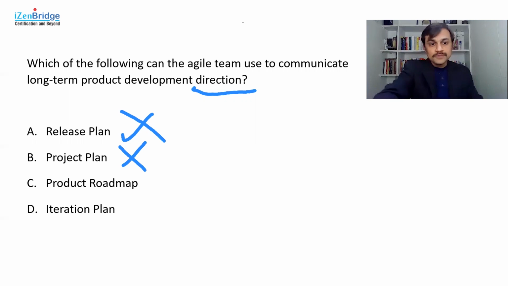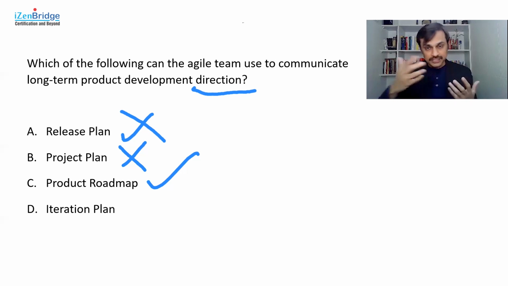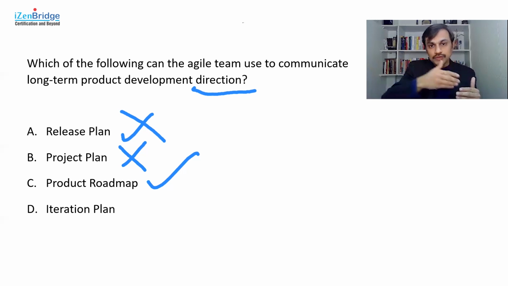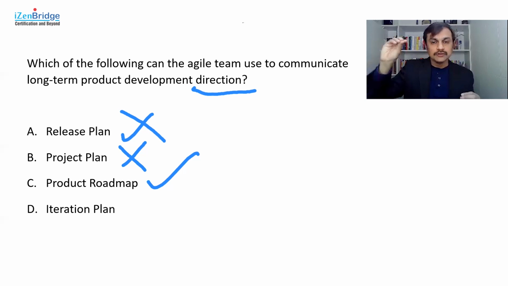So for me, option C is the right option because option C is talking about product roadmap. In a roadmap, you have a vision and you are showing how over a period of time, maybe multiple years, you are going to achieve or materialize that vision, and which milestones or releases may come in between in order to achieve the product vision.